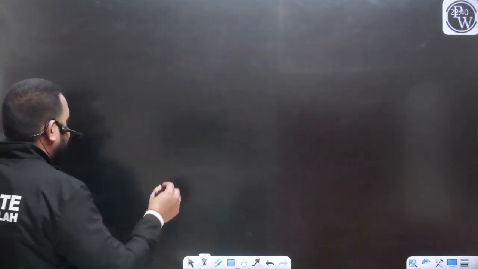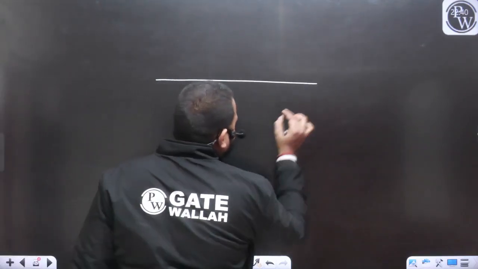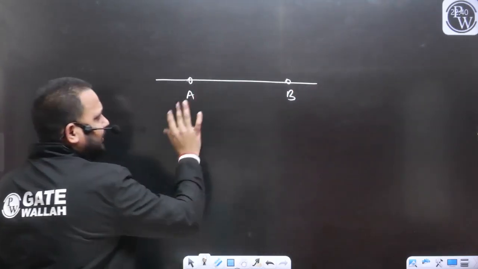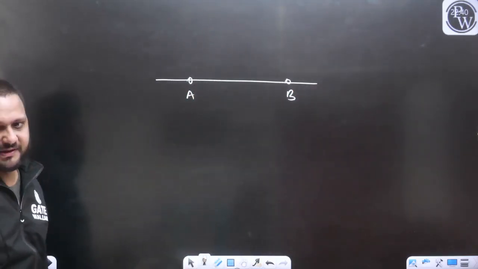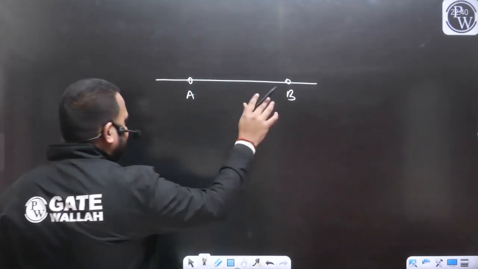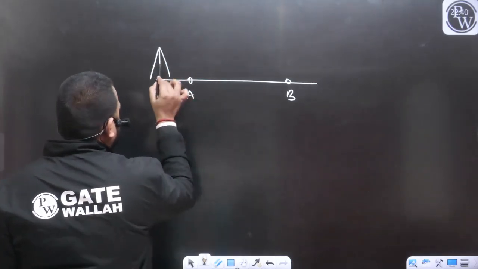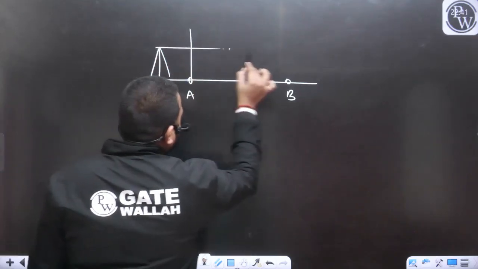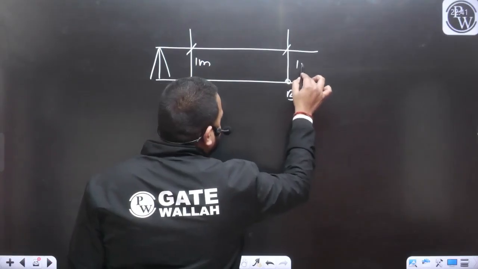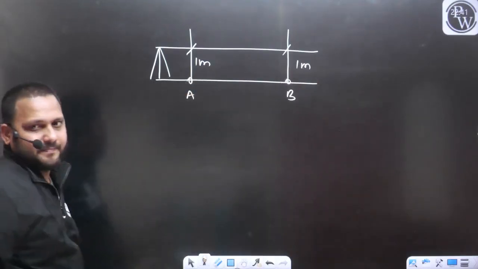Let's see. For example, this is the surface. This is point A. This is point B. Both the points have the same elevation, on the same plane. I have placed the instrument here and taken this reading. Let's say this is 1 meter, and the reading here is also 1 meter.